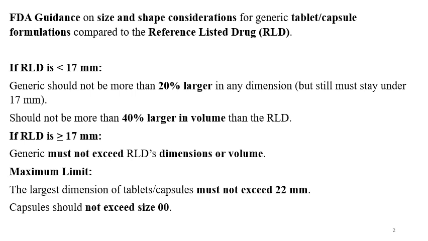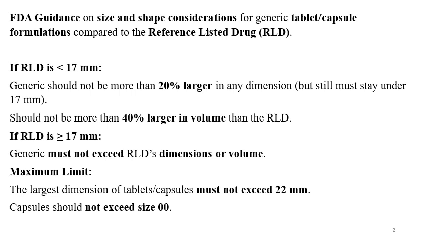Then it should not be more than 40% larger in volume than the RLD. So if you are falling into the criteria of 20% larger dimension and you are not falling into the volume criteria of 40%, then you cannot go beyond that.